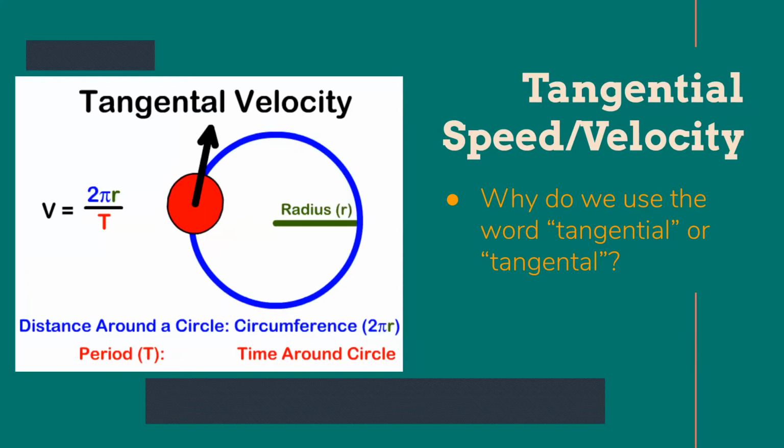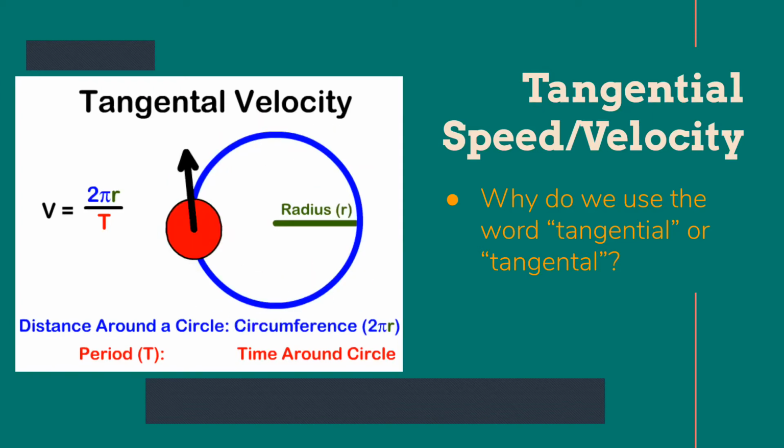When it goes up, the arrow is pointing to the right, but it's always perpendicular to the radius. If you look at the circle on the bottom, if you just pause it in your brain at the exact bottom, your tangential velocity is to the left, but it's still perpendicular to your radius. All right, so hopefully you guys kind of understand this.